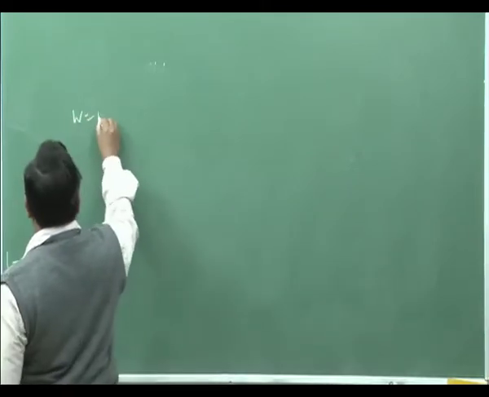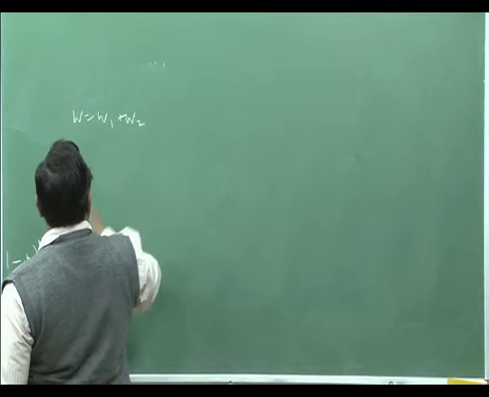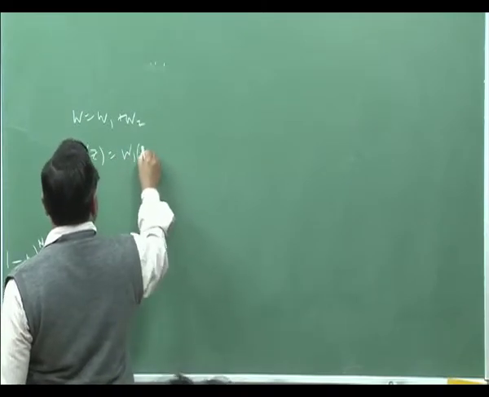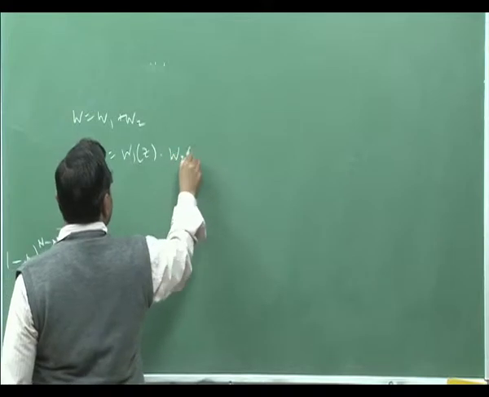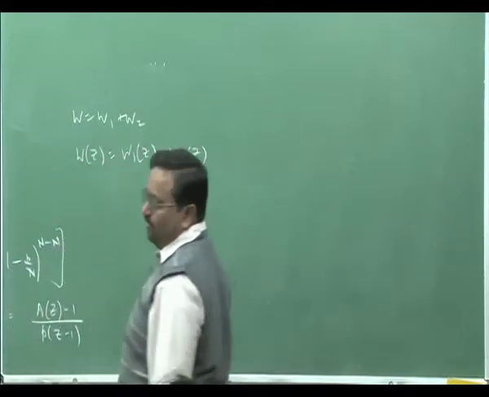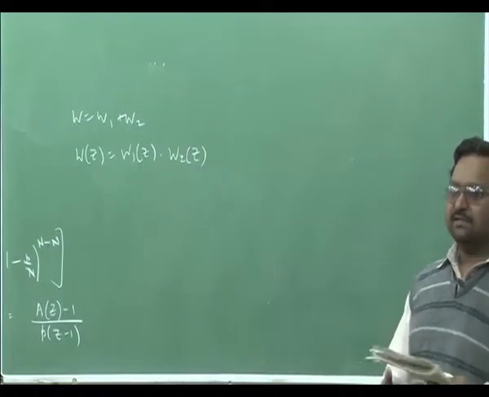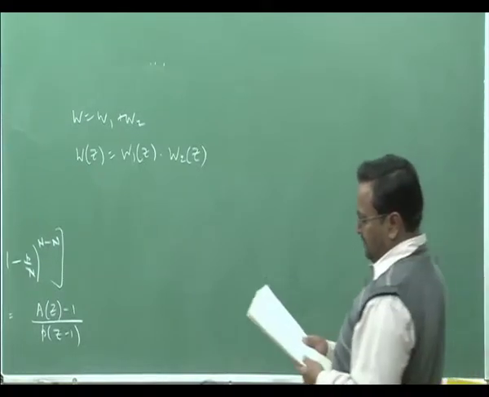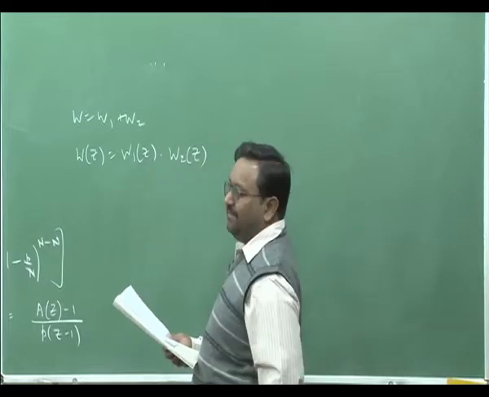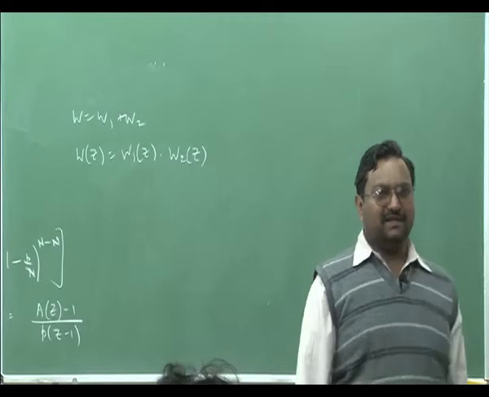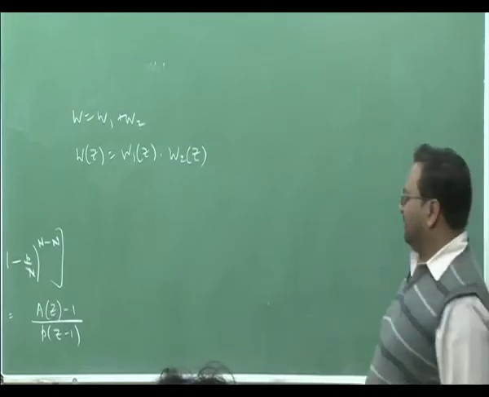So now W is equal to W1 plus W2, which actually implies W of z is W1 of z times W2 of z. This is a standard result again from string theory for probability generating functions. So whatever is the addition of the variables will become nothing but multiplication in PGF domain.